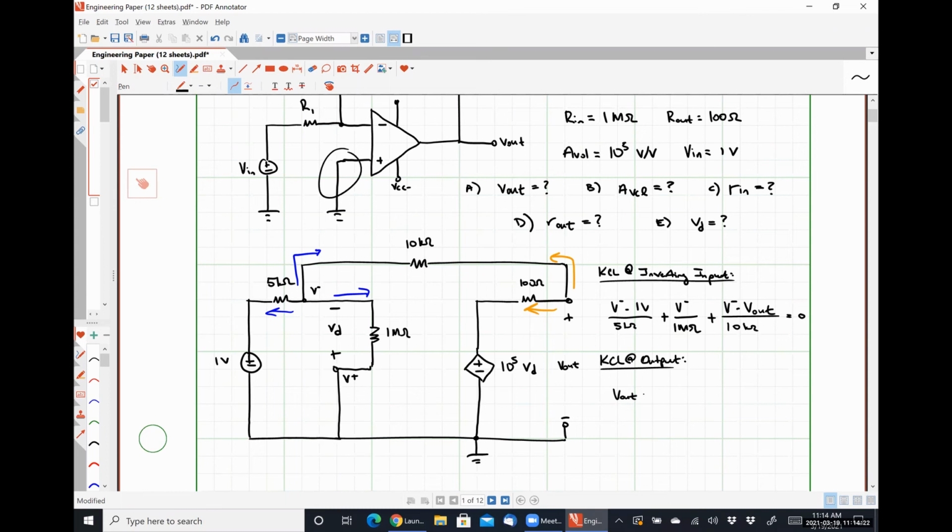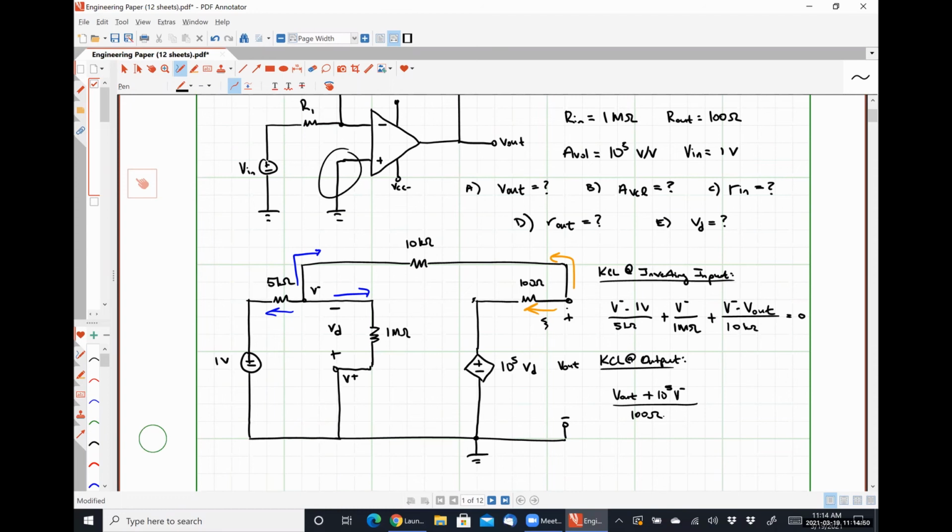So to be clear, I'm trying to figure out what this current is right here. So I've got this node, which is V out, minus this node, which is 10 to the 5 times negative V minus, which is where I get plus V minus. This is divided by 100 ohms. Is that clear?